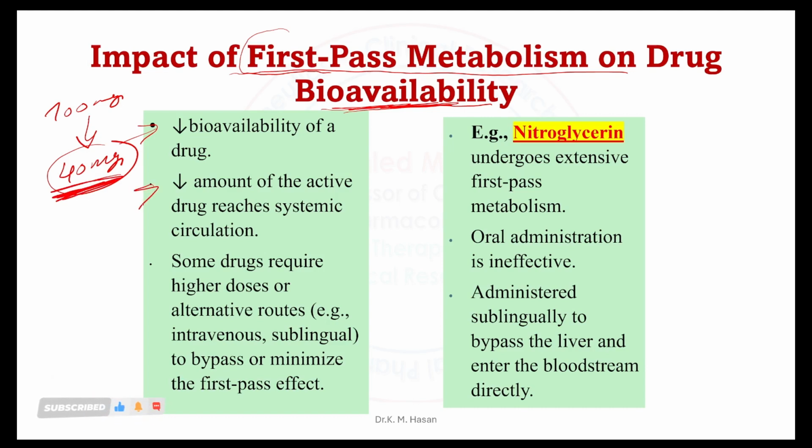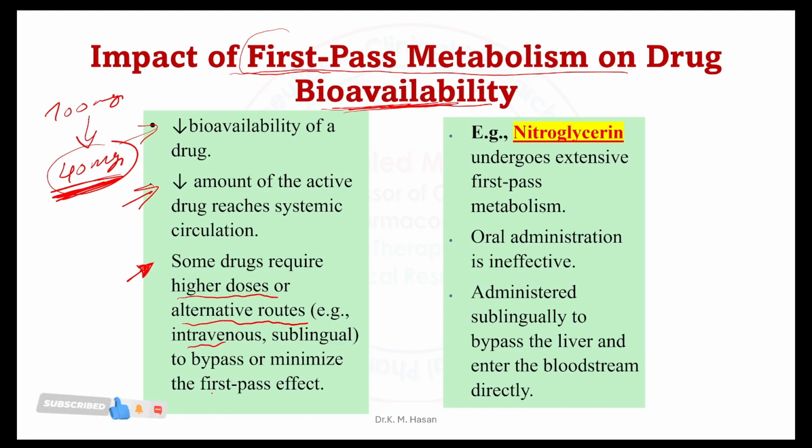Number two, decreased amount of active medication reaching the systemic circulation. Yes, that's correct. Some drugs require high doses or alternative routes to minimize the effect of first pass metabolism. For example, if the medication is destroyed in the first pass metabolism, we need to try another route of administration, like intravenous or sublingual, to bypass or minimize the first pass effect.